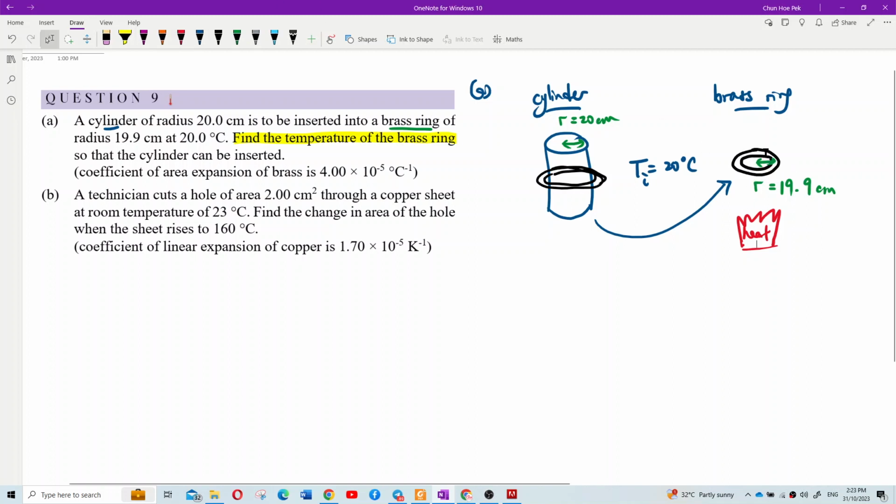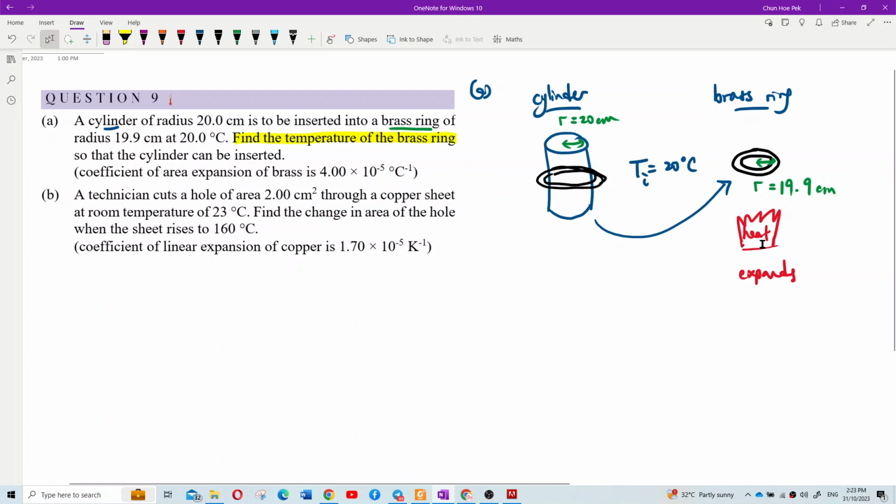So when the brass ring is heated, it expands. Is the cylinder also being heated? Did he say the cylinder is being heated also? No, this is just a hint that only the brass ring is being heated.